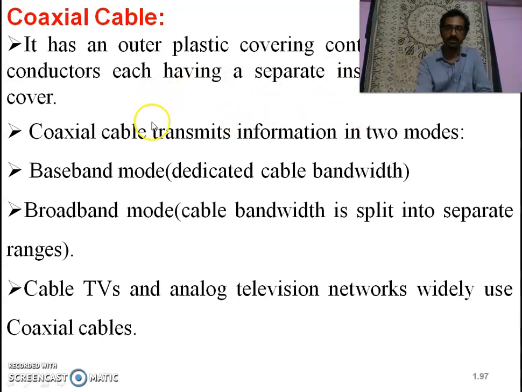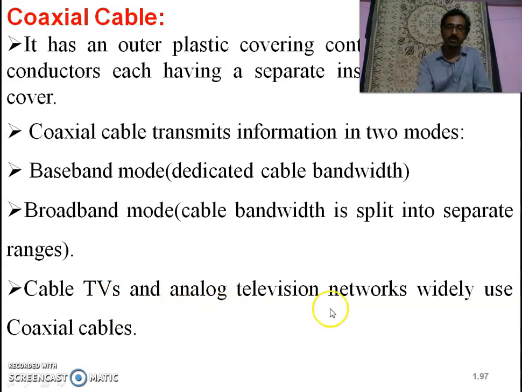insulated protection cover. So coaxial cable transmits information in two modes. One is the baseband mode. Baseband mode is nothing but dedicated cable bandwidth. And one is the broadband mode. The cable bandwidth is split into separate ranges. These coaxial cables are widely used in cable TVs and analog television networks.